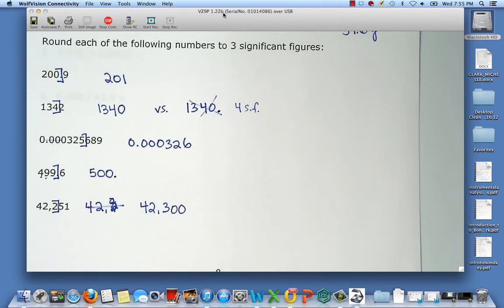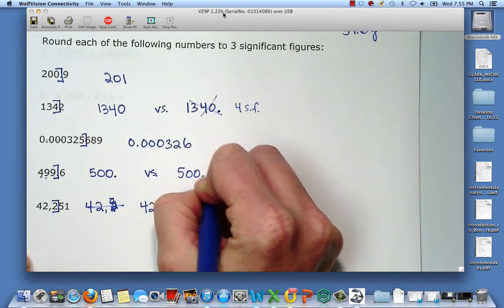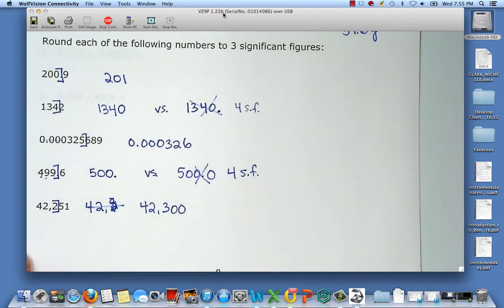No. You just leave it as is. Because if you put a decimal, you're going to change the number of significant figures from 3 to 5. And so, like, the one before that, you would say that it would be 500 with a decimal. So we just leave it like that, even if it looks weird. We would put another 0, because then it would be 4 sig figs. Right, because if you put 500.0, this is now 4 sig figs.